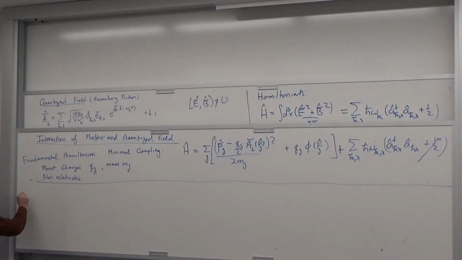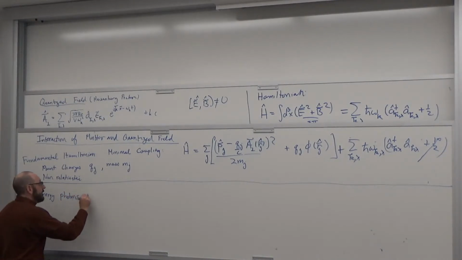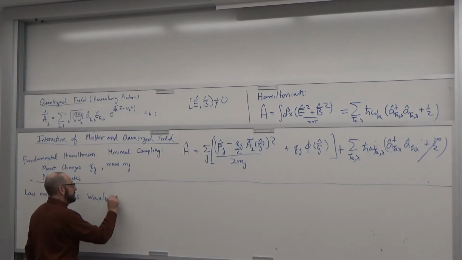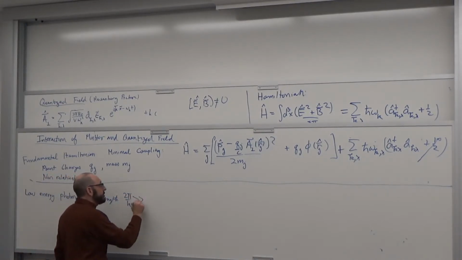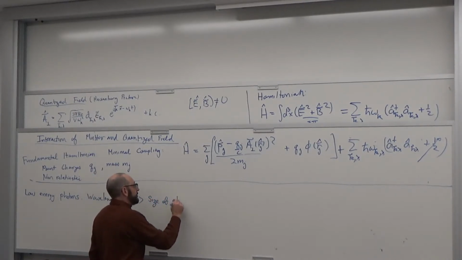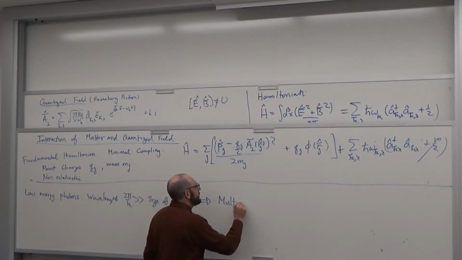So for low energy photons, the wavelength 2 pi over k is much, much bigger than the size of the atoms. And in that case, we can make a multipole approximation.